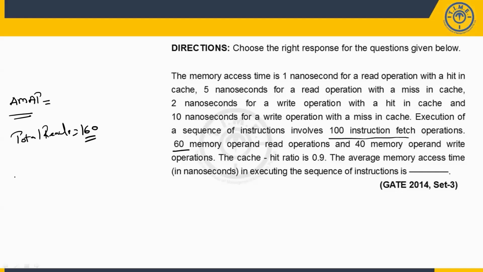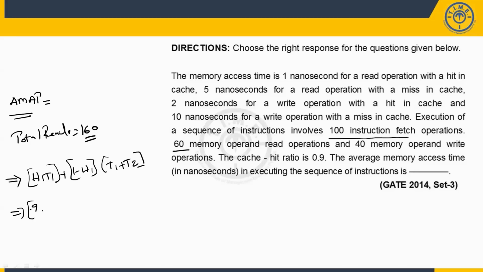So average memory access time is equal to H1 T1 plus (1 minus H1) into (T1 plus T2). It is 1 nanosecond per read for a hit in L1, and 5 nanoseconds for a read operation with a cache miss. What is H1? 0.9, right?